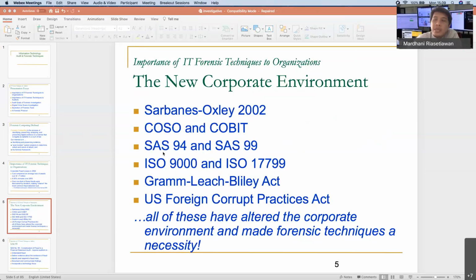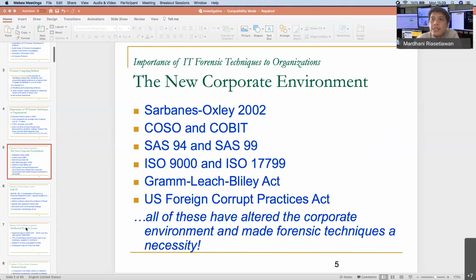We also have SAS, ISO, the Gramm-Leach-Bliley Act, and the Foreign Corrupt Practices Act, so we deal with corruption response documents and so on. These are important.